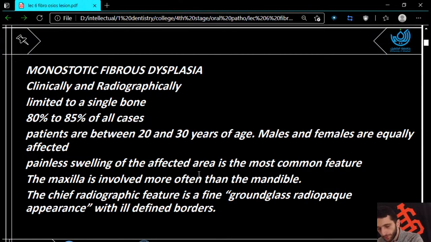A little bit younger people or adults are affected with monostotic dysplasia, which is a type of fibrous dysplasia. And males and females are equally affected by this disease.